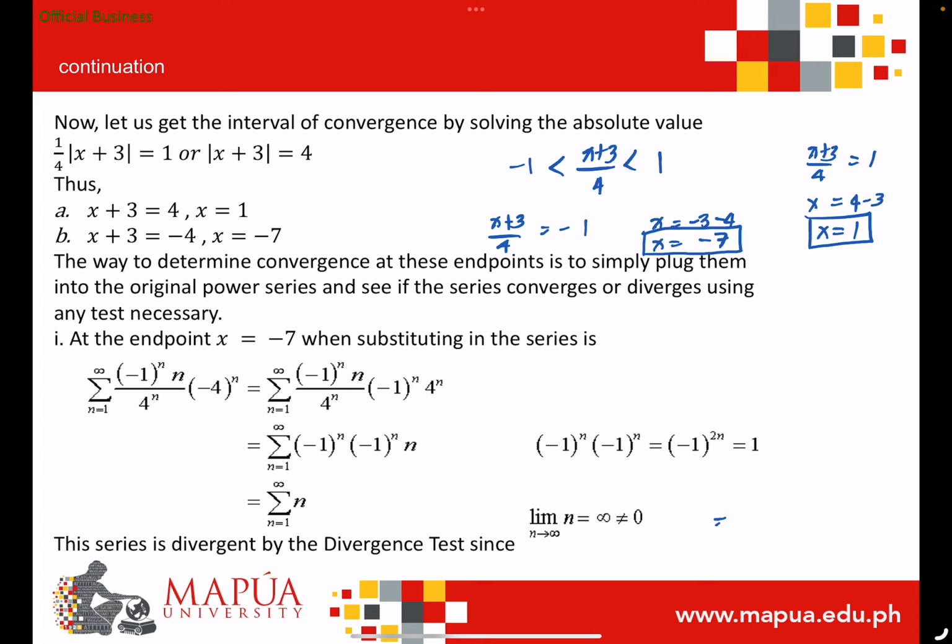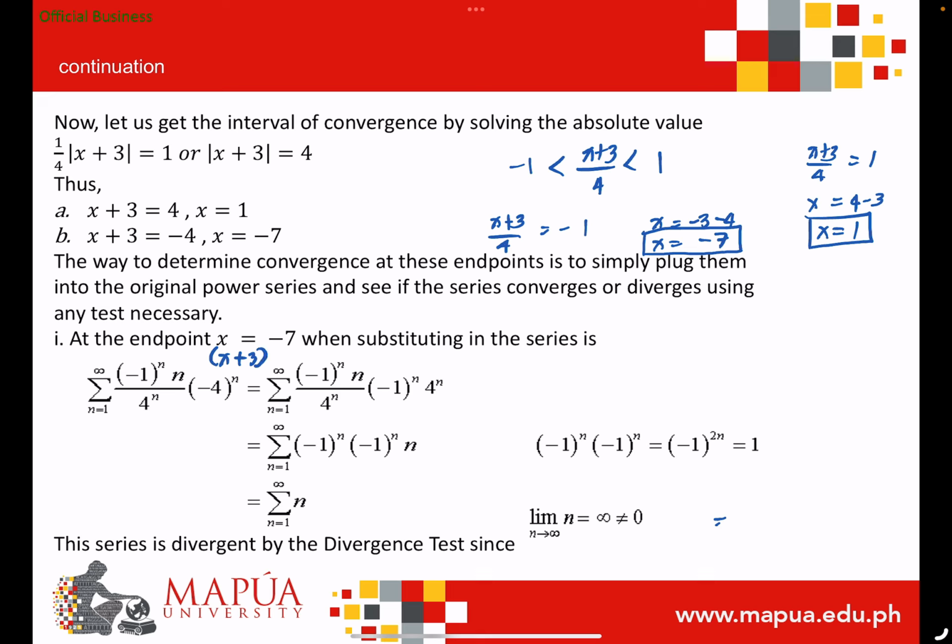The way to determine the convergence at these endpoints is simply to plug them into the original power series and see if the series converges or diverges using any test necessary. So let's check what would happen to the series when we plug in -7. We have (-1)^n times n over 4^n, and then (x + 3)^n.